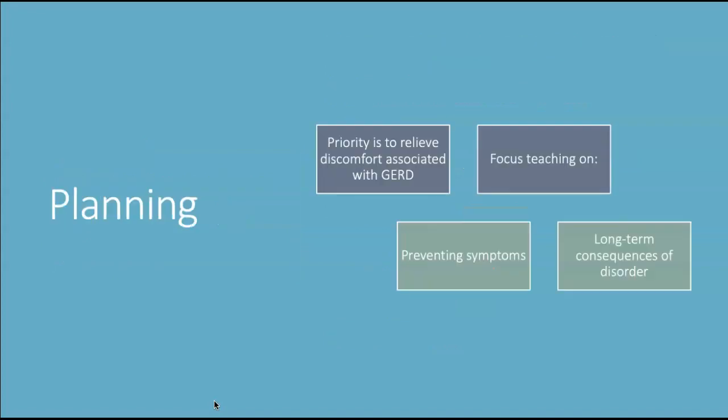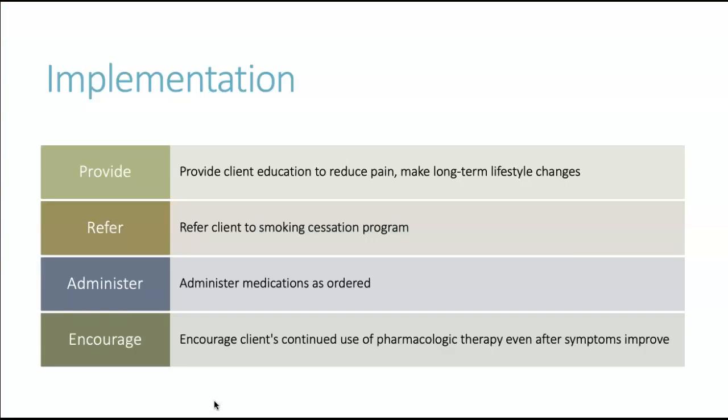For our nursing planning, the priorities are to relieve the discomfort associated with GERD and focus teaching on preventing the symptoms. What can we do to help prevent them? And avoid the long-term consequences of the disorder. If we can get them under control, we can avoid long-term consequences such as Barrett's esophagus.